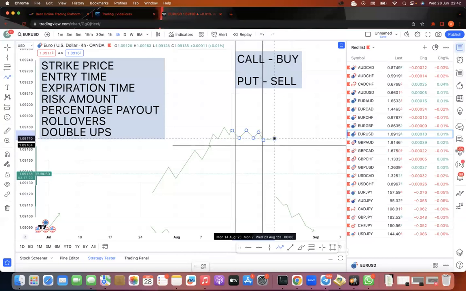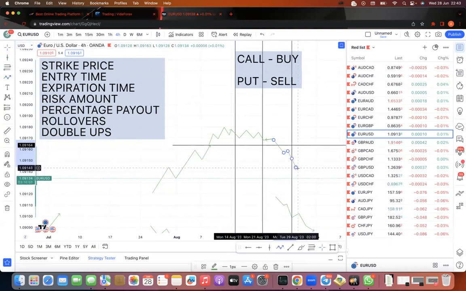I can roll over a second time, and the broker will extend by another 5 minutes. I can keep rolling over forever if I want to, till my account finishes.